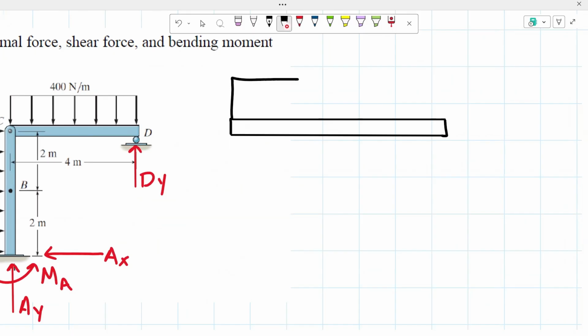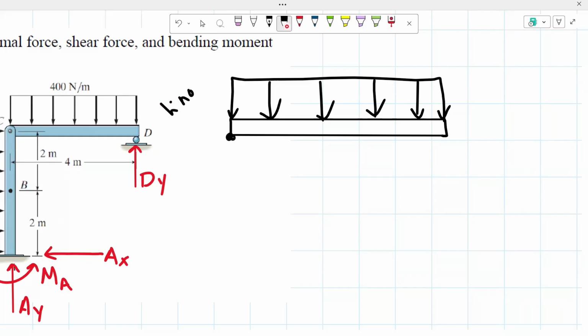And then we're going to have our loading. And then from there, we have our hinge right here. We know that this loading is 400 newtons per meter.